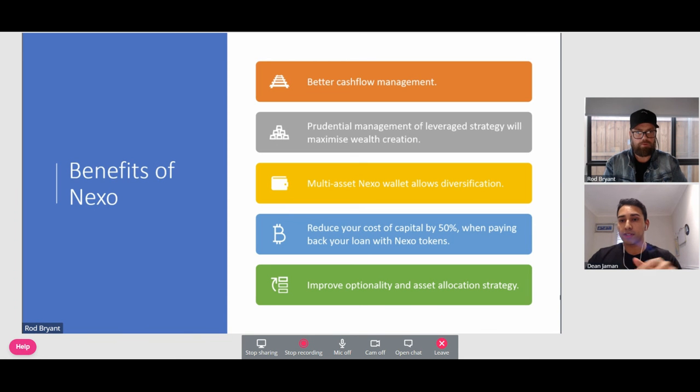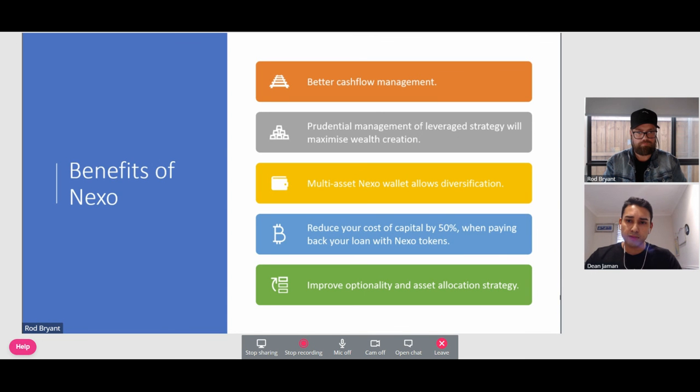You can allocate the collateralized funds to gold bullion. Gold had a bit of a run up recently. You can allocate it to some of the altcoins, which might boom anytime. On any given day, any of the altcoins are up 30-40%, so you can actually utilize these opportunities. Nice. So the optionality is the key thing here.